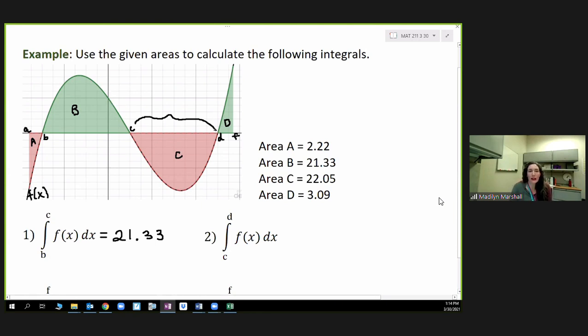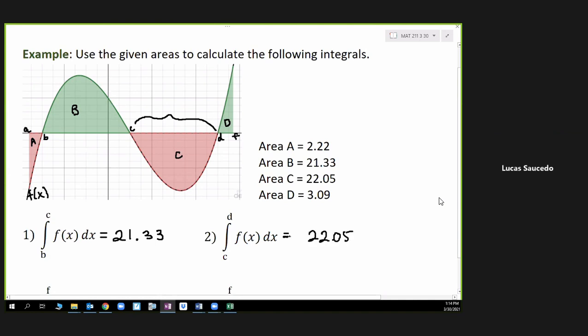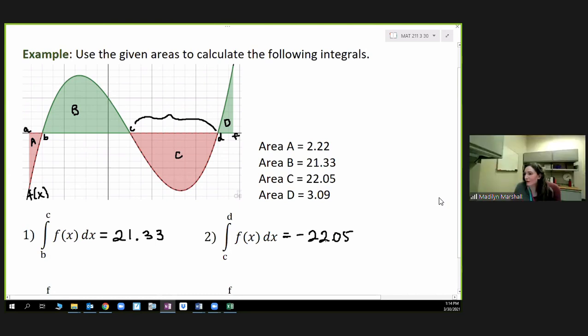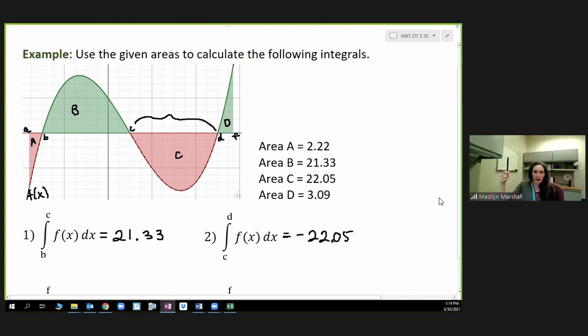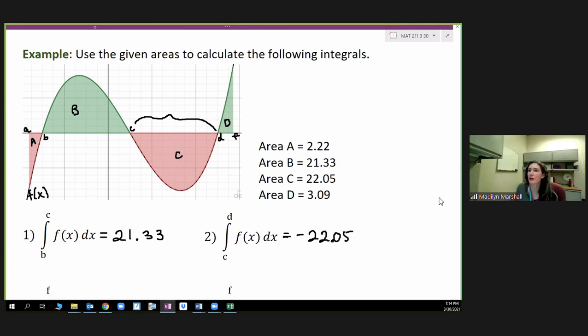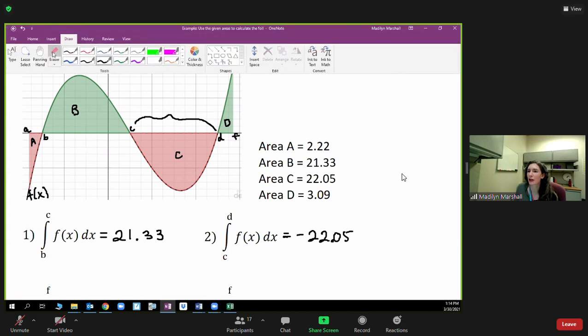So what is the integral? There's just a little bit more to it. Negative 22.05. Exactly. So it's just negative. Okay. So the integral just takes into account if it's above the x-axis, it's positive. If it's below, it's negative. Otherwise, it's just that same exact measure of area.